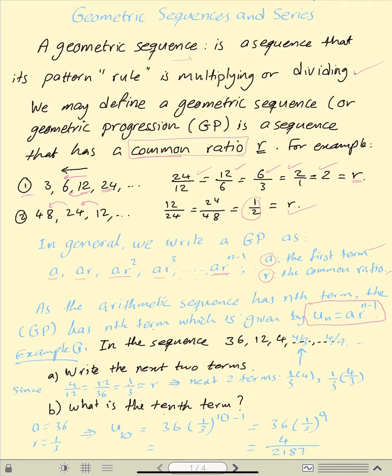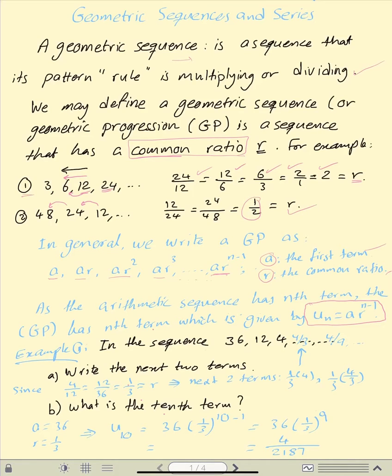How may the questions come on this? The same logic, if you remember the chapter on arithmetic well. In the sequence 36, 12, 4, part A: write the next 2 terms. We only need to know the rule of the sequence.